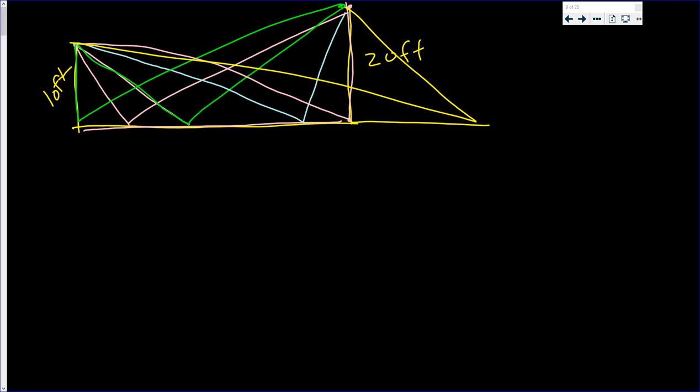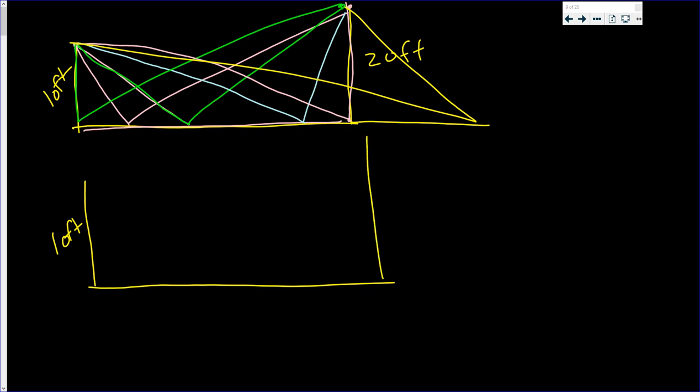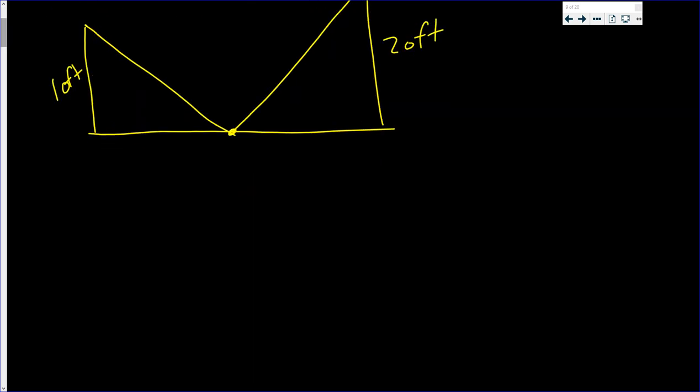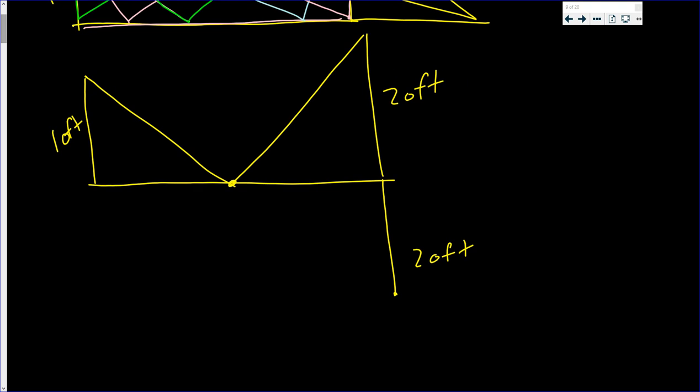Now, I'll show you the easy way of doing this. You have 10 feet, and then you have 20 feet. Now, you come to some point, whatever point it is, and then you go there. Now, if I draw this down here 20 feet, isn't it true that this distance is exactly the same as that distance?